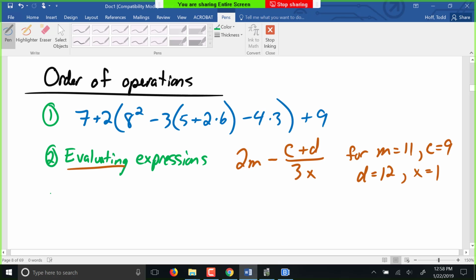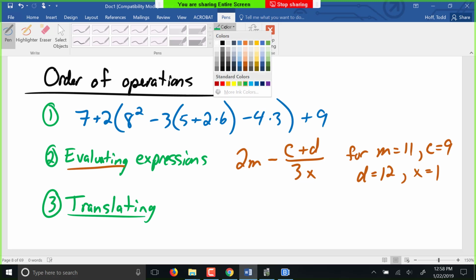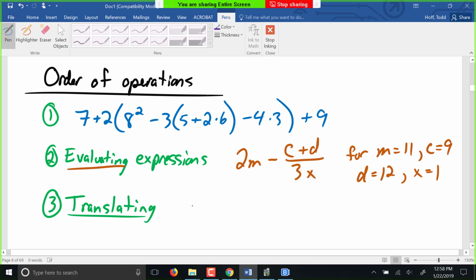And then we saw today even when we're writing expressions, when we're translating, that order of operations comes into play when we did things like 6 times the sum of a number and 2.